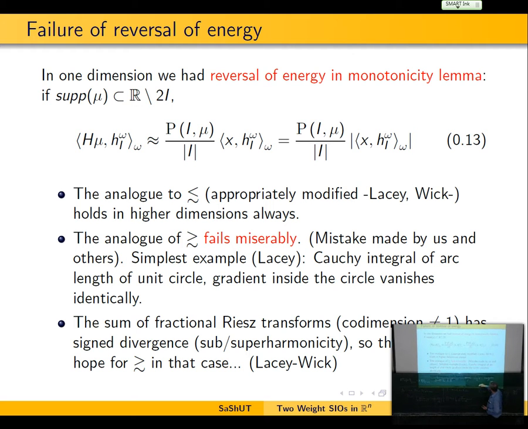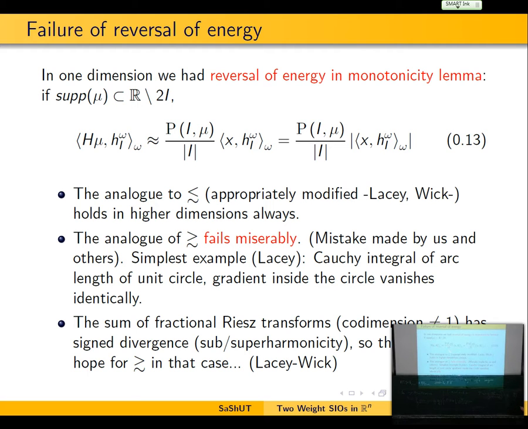You take the Hilbert transform of mu, which is basically something like this. It's more or less like a tangent. The slope here is comparable to this. That's the main term in the Taylor expansion, and that's the dominant term.